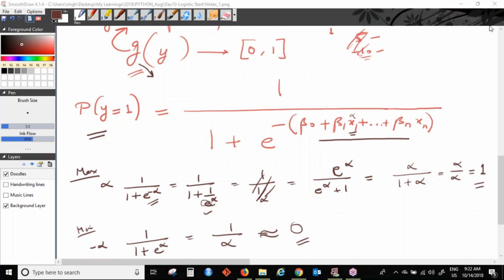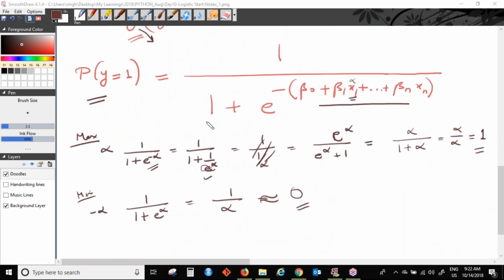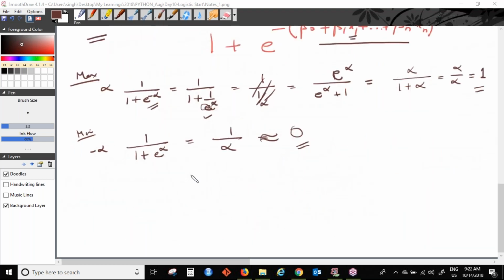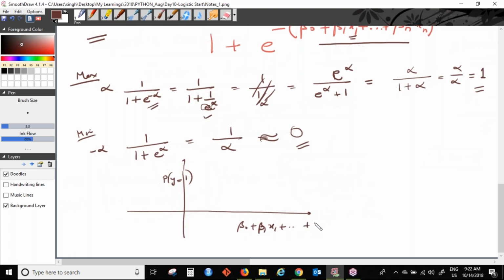Okay, so this is about the logistic response function. If I draw a plot of this function, it looks like this. I have probability of y is equal to 1 on my y-axis, and beta naught plus beta 1 x1 plus up to beta n xn on my x-axis, and the plot will look like this.